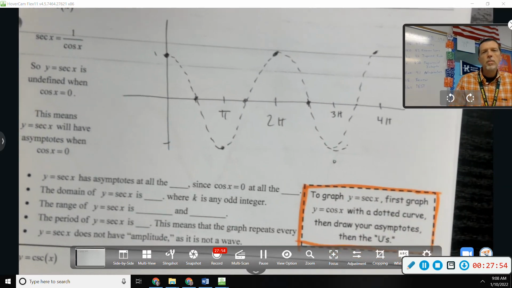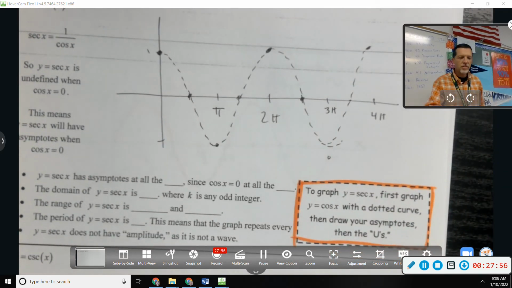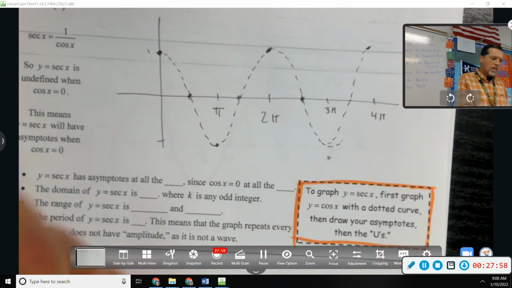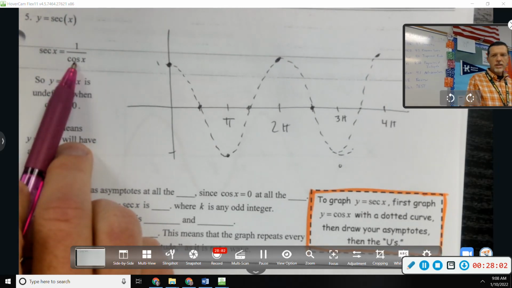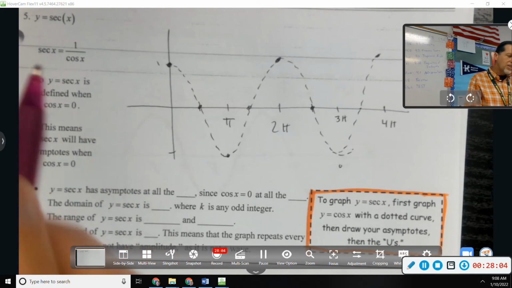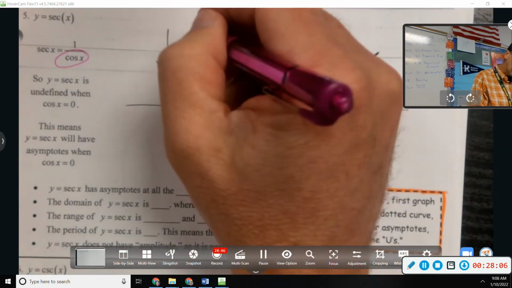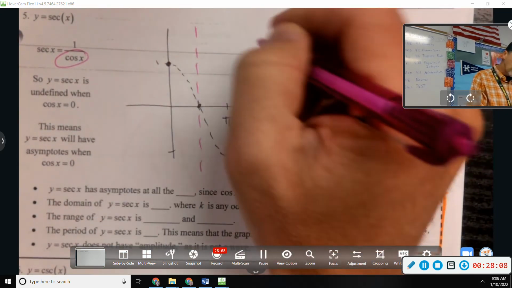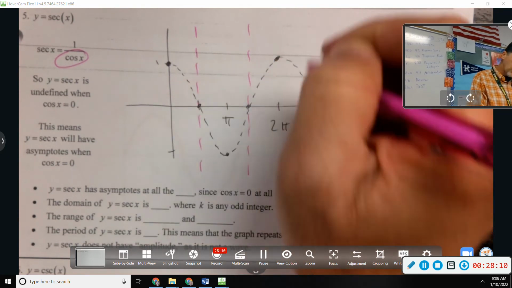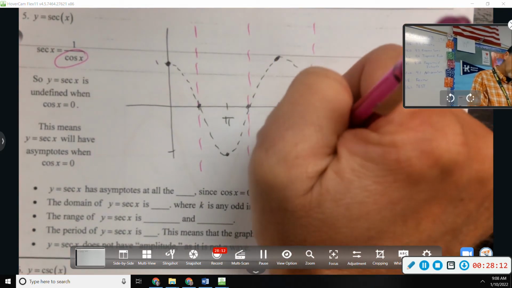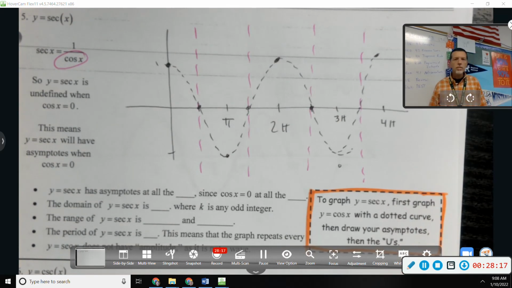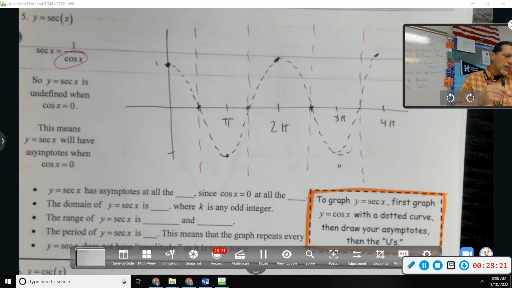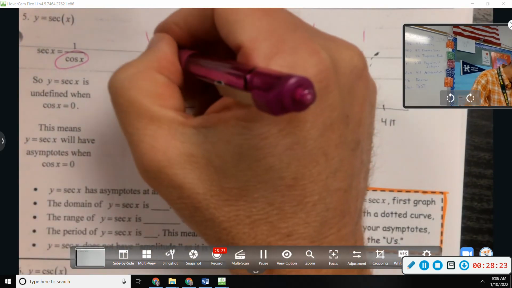So there's cosine. We've seen that. When cosine is 0, there's an asymptote. So wherever cosine is 0, you can put an asymptote. And then this is a little bit weird maybe, but 1 over cosine makes there be U's off the peaks and valleys.